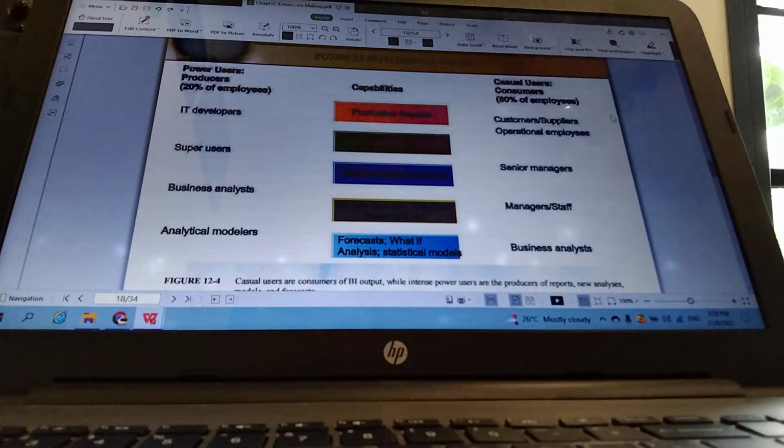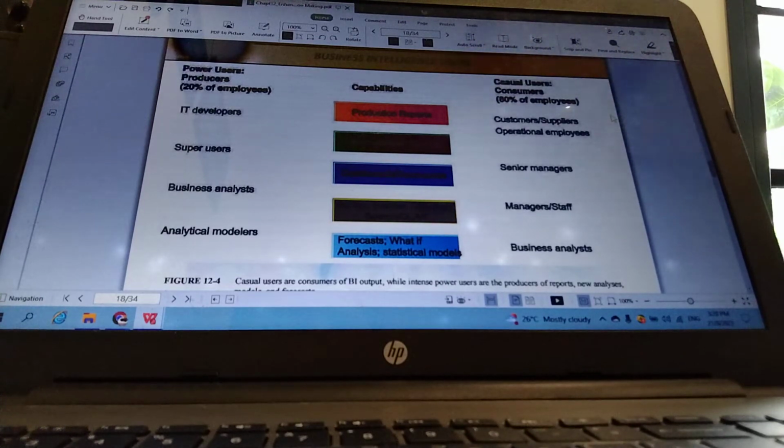Whereas super users, there will be one or two or very limited super users among the companies, where their capabilities are in generating very special or customized reports, or we call them parameterized reports.